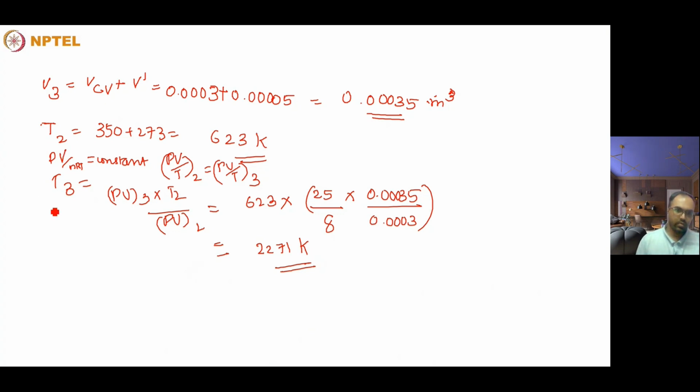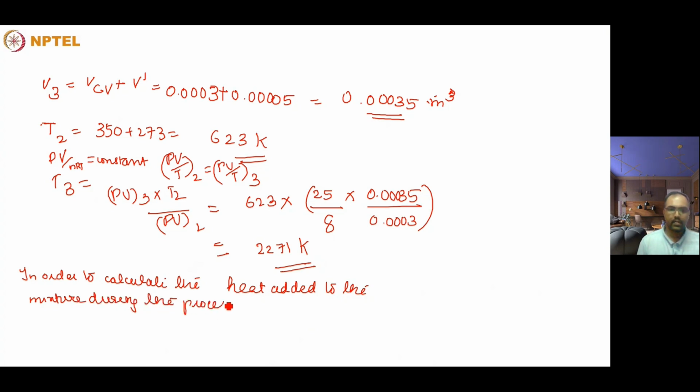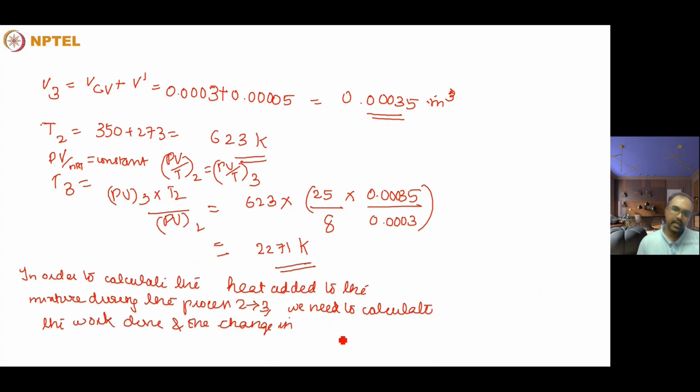In order to calculate the heat added to the mixture during the process 2 to 3, since this is not a constant volume process, we need to calculate the work done and the change in internal energy from 2 to 3.